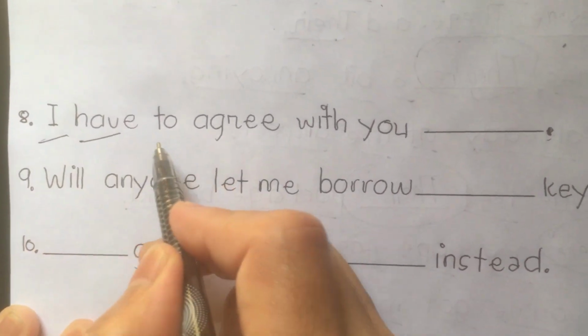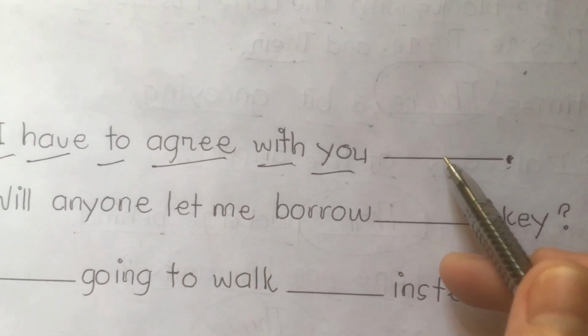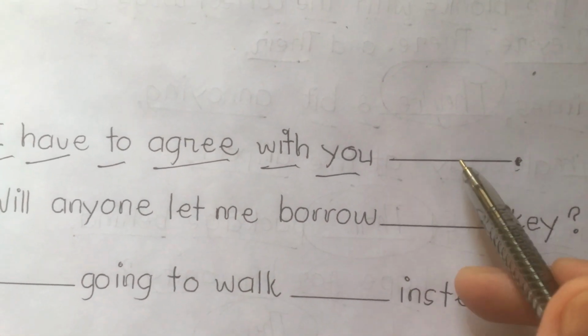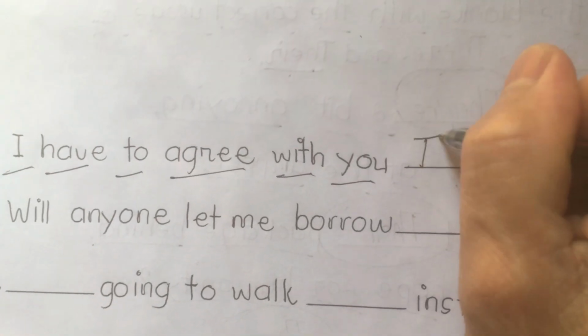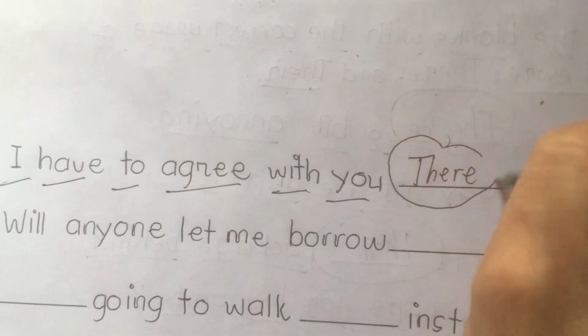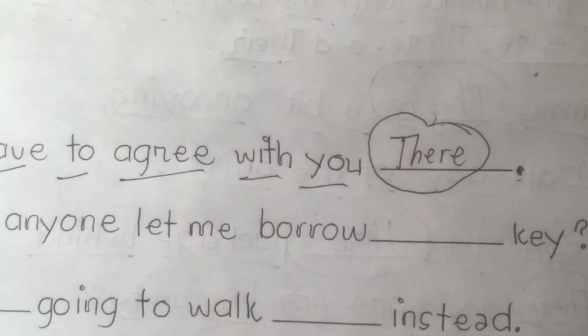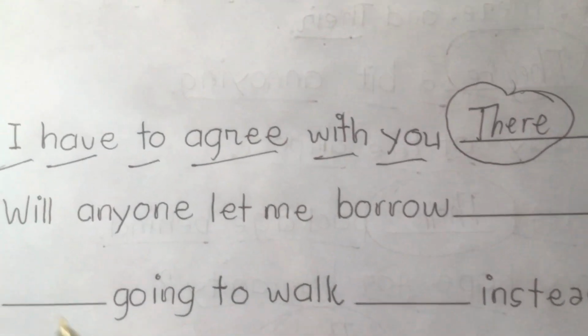I have to agree with you. It's blank. We need to fill in the right answer. Your right answer is there. That means the meaning of this is place, and it is used as a pronoun.